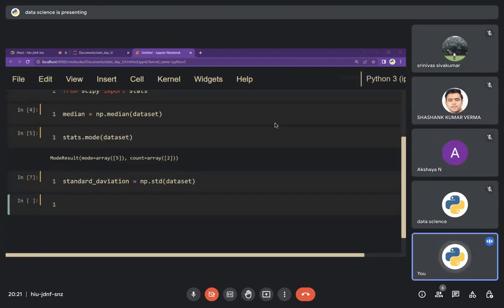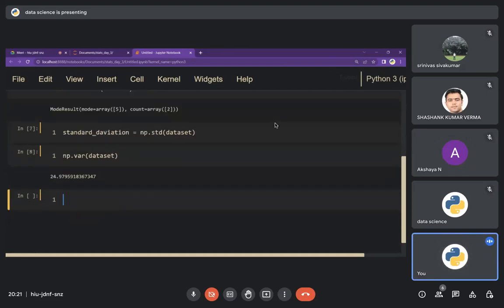Okay. Now, if I ask you to calculate the variance, how can you calculate it? The same way: np.var, and here you can pass the data set, and you can see how it came.